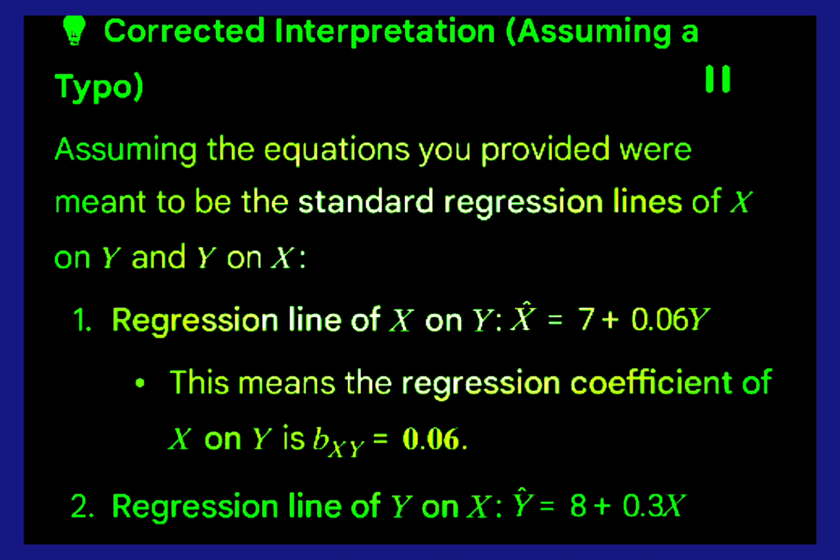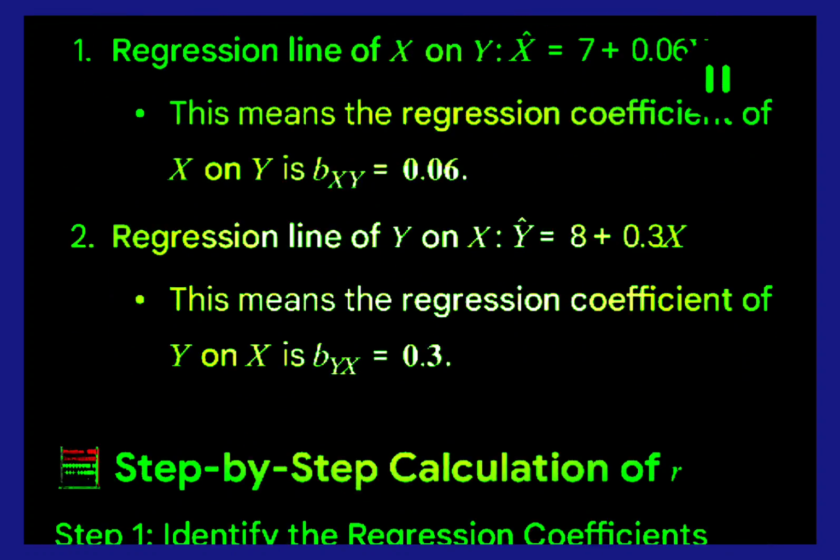This means the regression coefficient of x on y is b_xy equals 0.06. 2. Regression line of y on x, y-hat equals 8 plus 0.3x. This means the regression coefficient of y on x is b_yx equals 0.3.